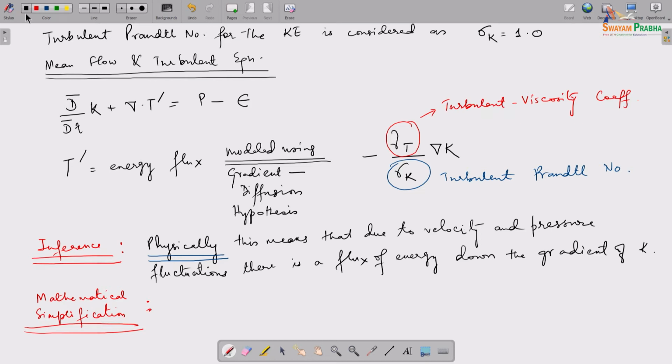Okay, and mathematical simplification is modeling the term this way, right, yields smooth solutions.